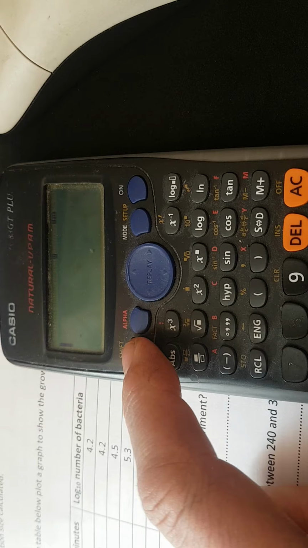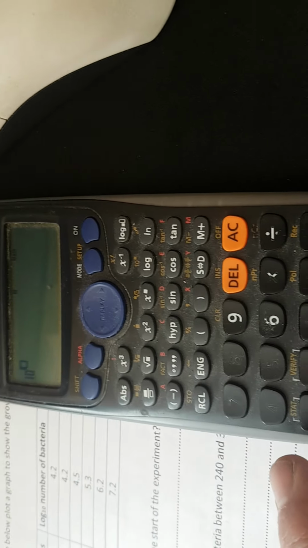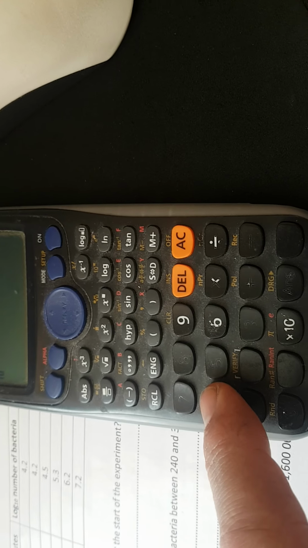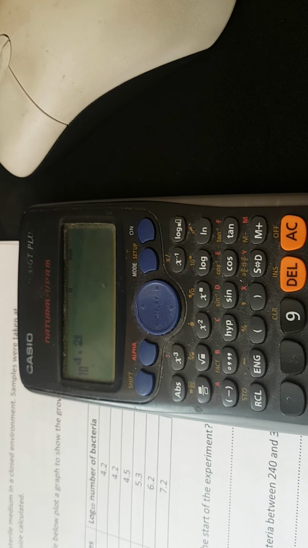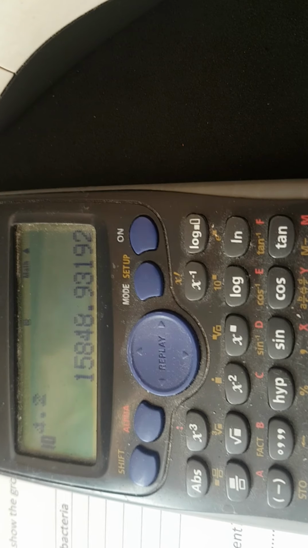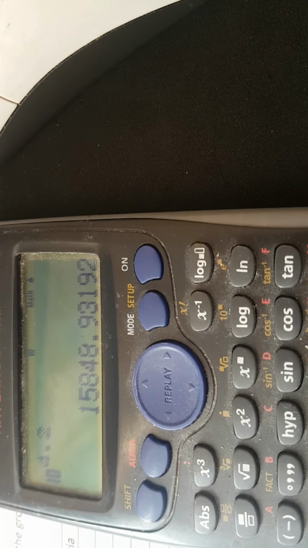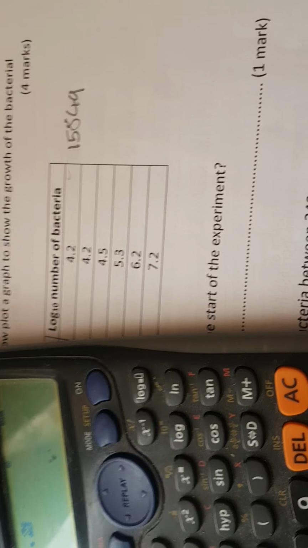If you press Shift log, you'll get that appear on the screen. My keys are a bit battered and worn out. I'm such a keen mathematician, I've worn out my calculator. So you put that in and you'll get that number, basically 15,849. That's the actual number of bacteria that there were at the start.